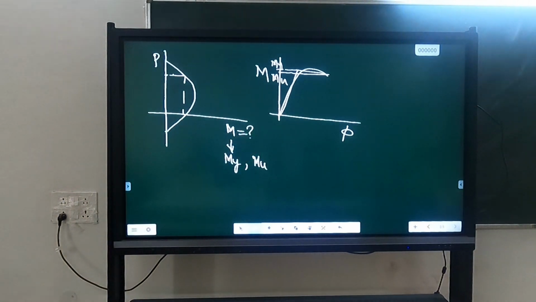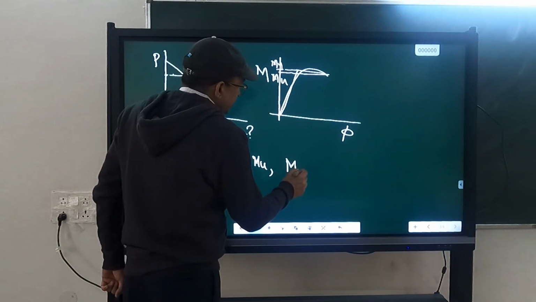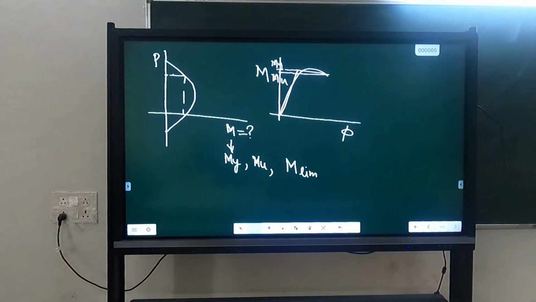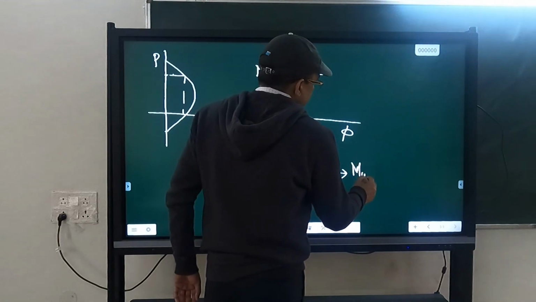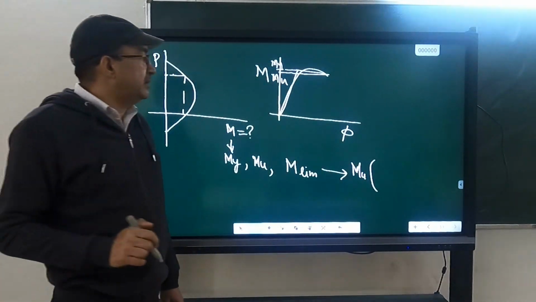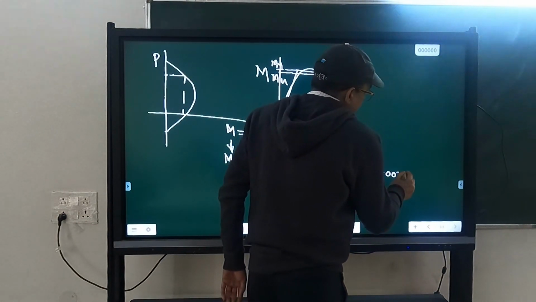A third definition is there in case of ST16, that it may be limit state moment. What is limit state moment? It is Mu only. This is Mu, but it is ultimate moment, calculated at a strain of 0.0035 or 0.004.